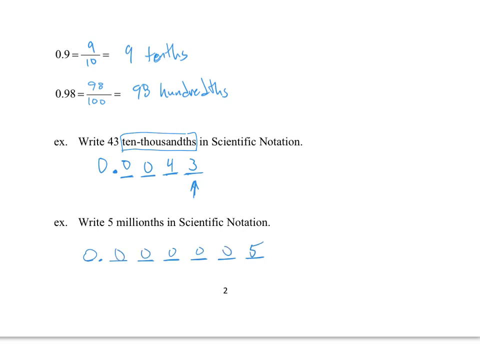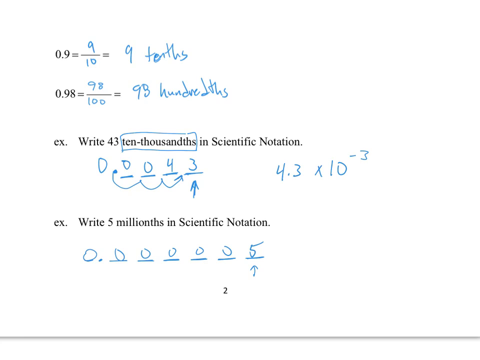Now if we look carefully, it says write it in what kind of notation? Scientific. So this number is going to be 4.3 times 10. And how many places did we move? 1, 2, 3. Times 10 to the negative 3. On the next one is 5.